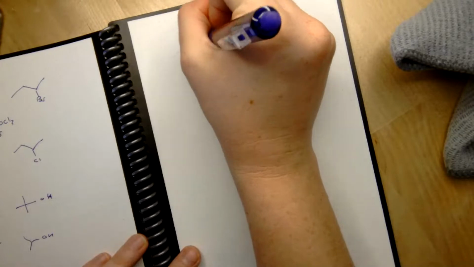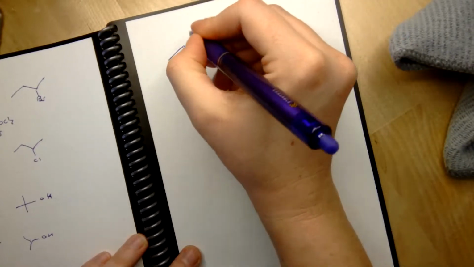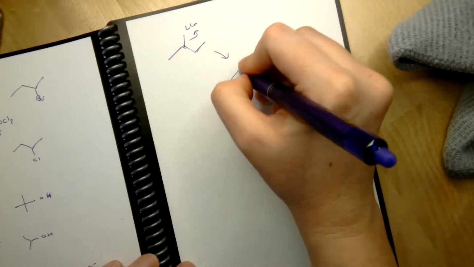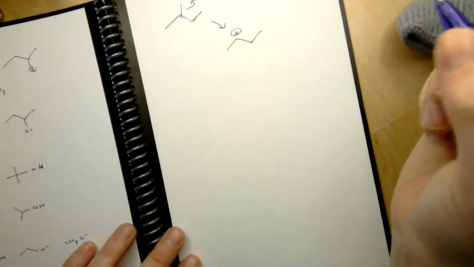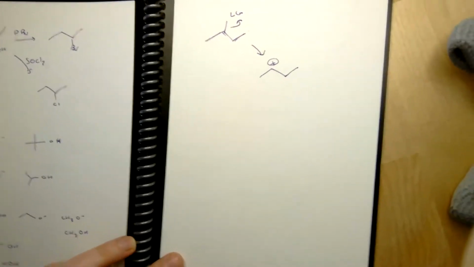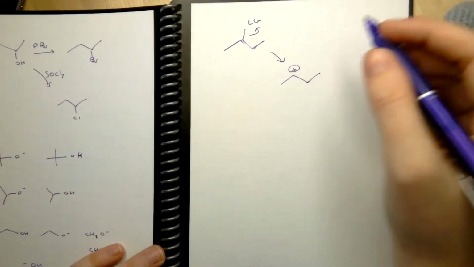Hopefully you know the first step of an SN1 and an E1 is, for both of them, the leaving group leaves and a carbocation is formed. If rearrangement is possible, it will undergo rearrangement. Rearrangement's not possible here, so it won't here.